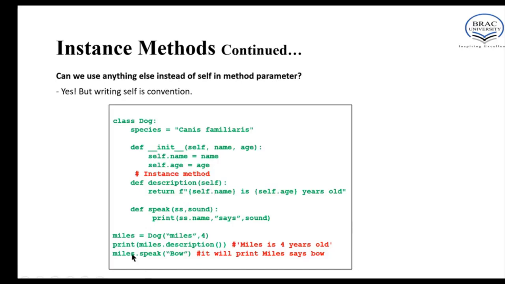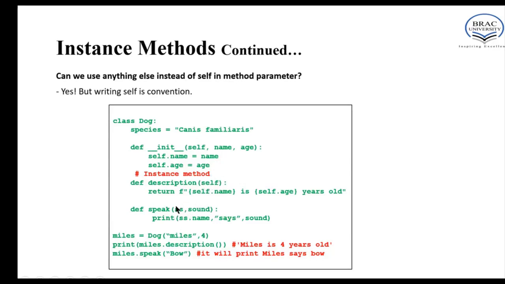So instead of writing self, you can write anything. Just like this is a method, def speak, and inside the parameter, instead of writing self, I have written ss. You must write something inside the parameter to carry the address of your object, but it is not mandatory that you have to write self.